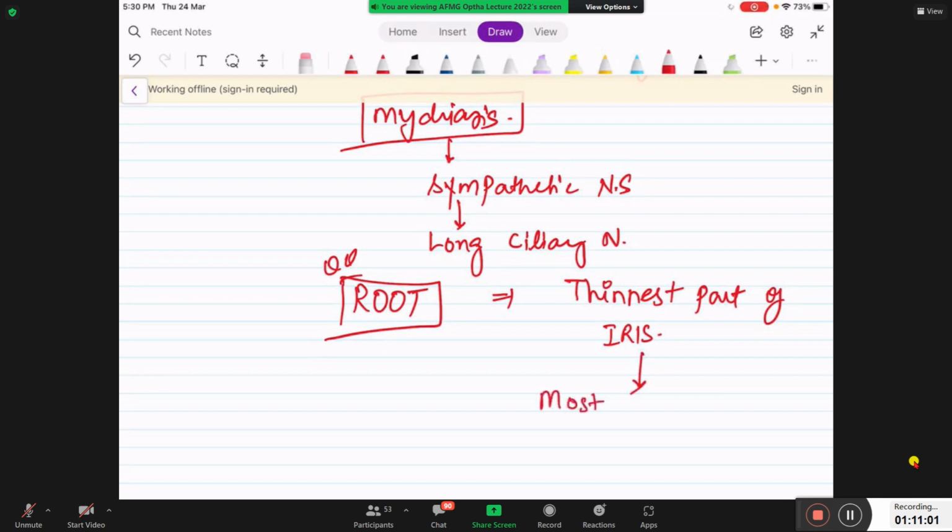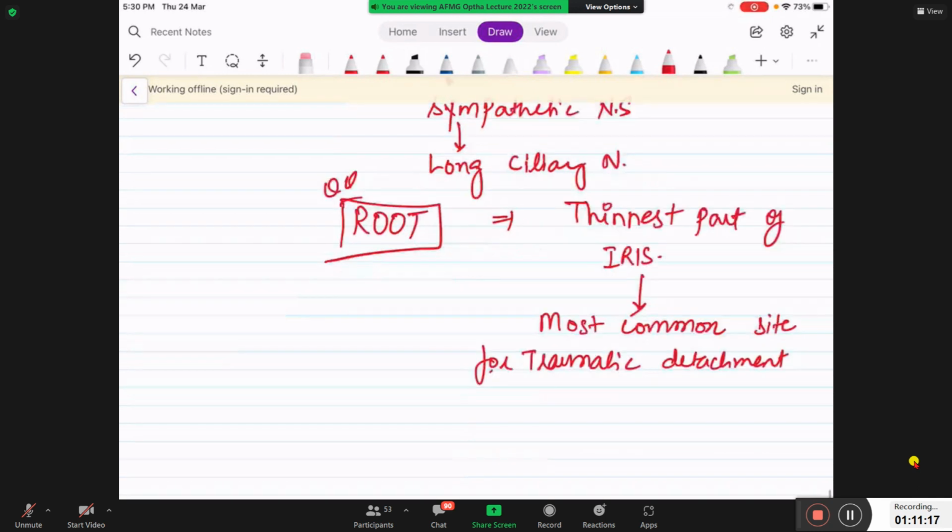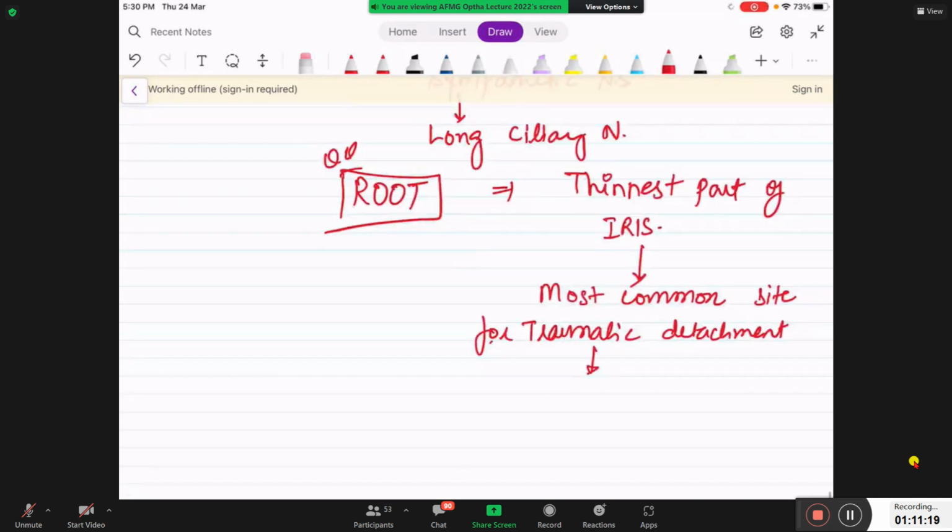So write down, this is the most common site for traumatic detachment, and the term for traumatic detachment of the iris is called iridodialysis.